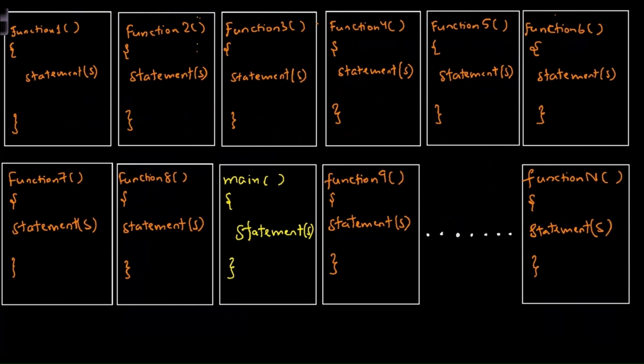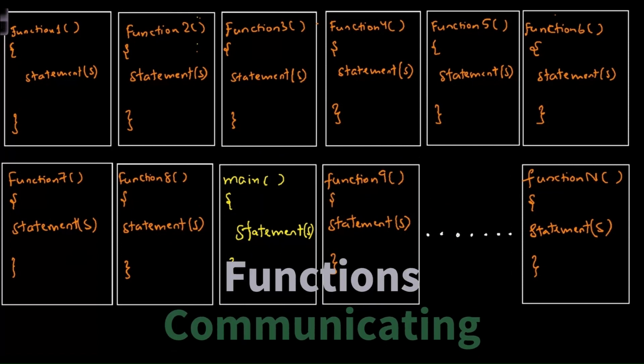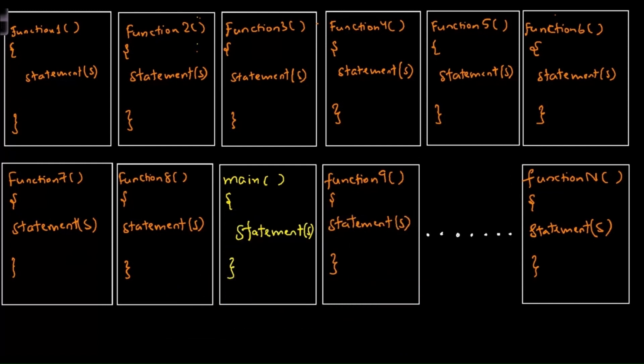You have many functions. You can think of the whole C program as functions communicating by calling one function and another function. Your execution will start from the main function.